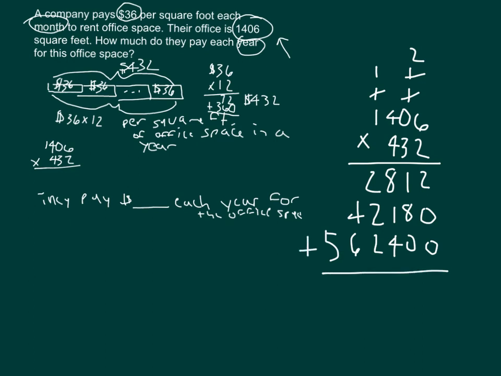And then we can carefully add those together. 1 plus 2 is 3, plus 2 is 5, plus another 2 is 7. 4 plus 6 is 10, 0 regroup a 1, and 1 plus 5 is 6. So for their office space, they end up paying $607,392 each year for this office space.